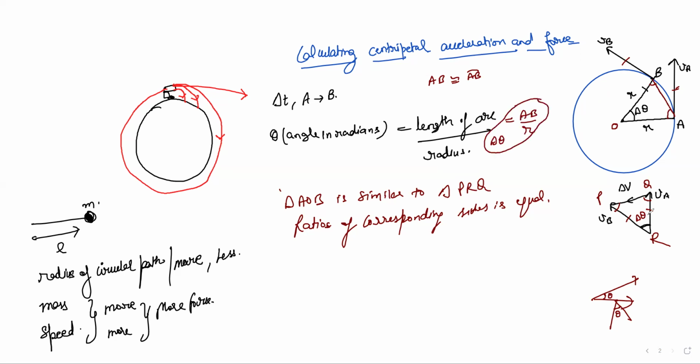Now, if these two triangles are similar, then corresponding sides will be equal.